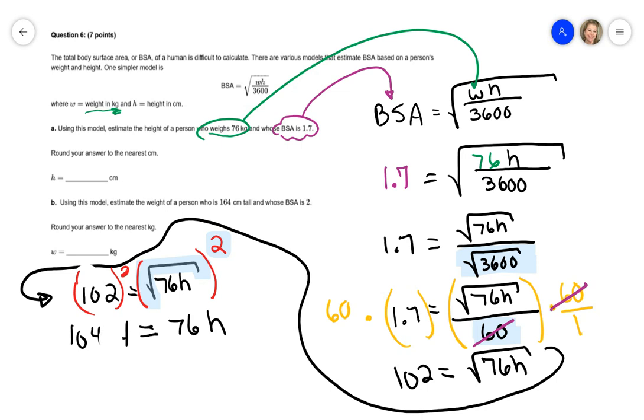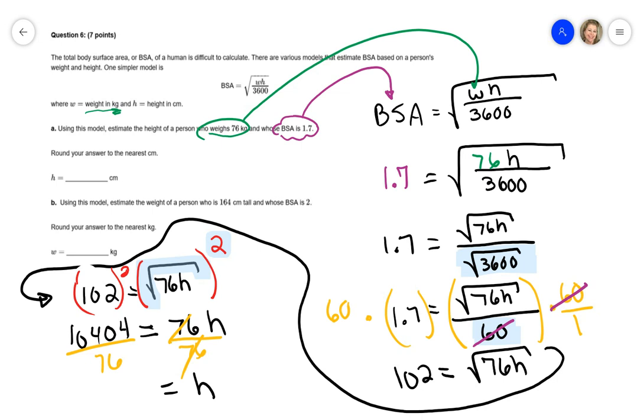And that's a 0, sorry, I look like a 6. This was 10404. And now all I have to do is divide off the 76. So that cancels, and I will have h. Grabbing my calculator, take that big number divided by 76.